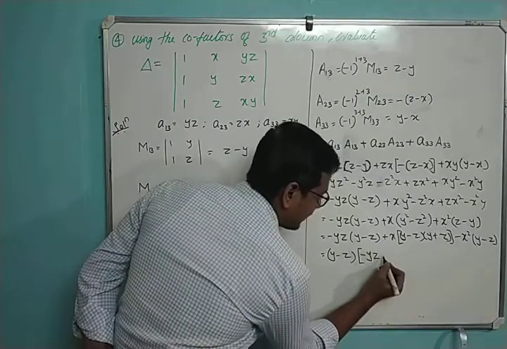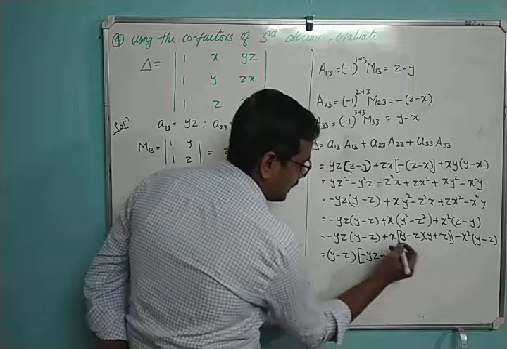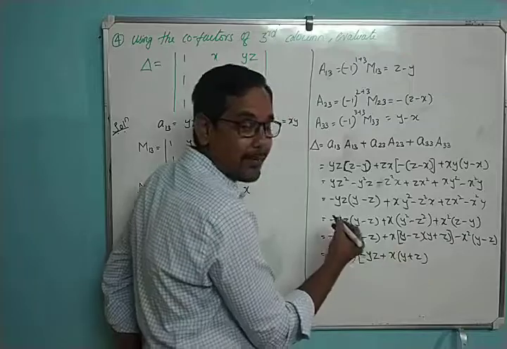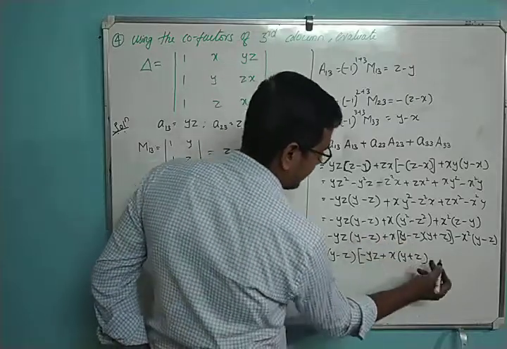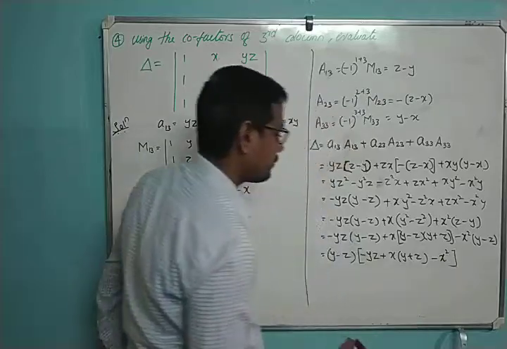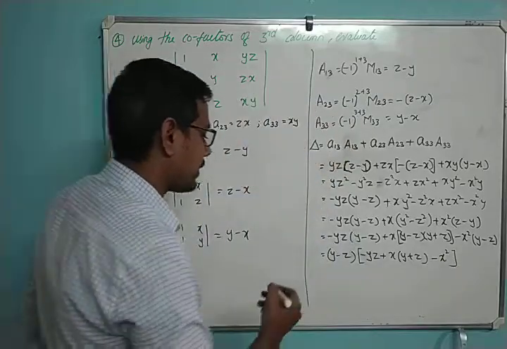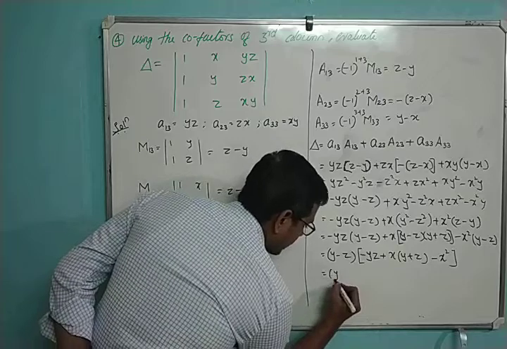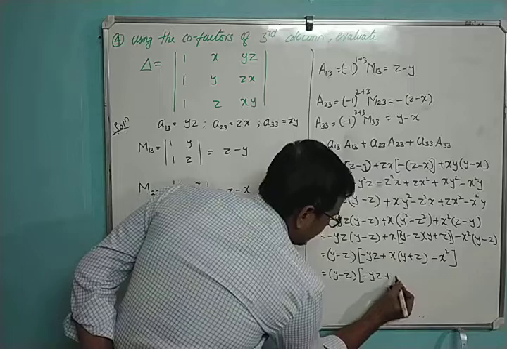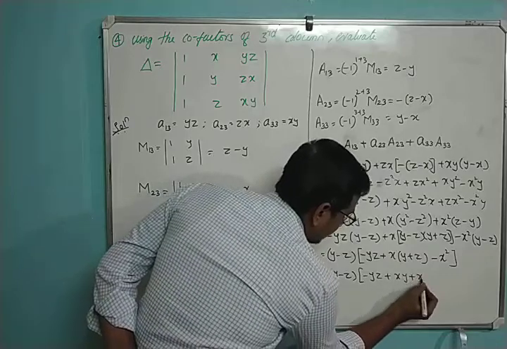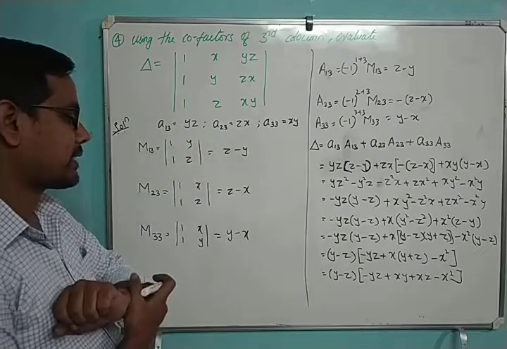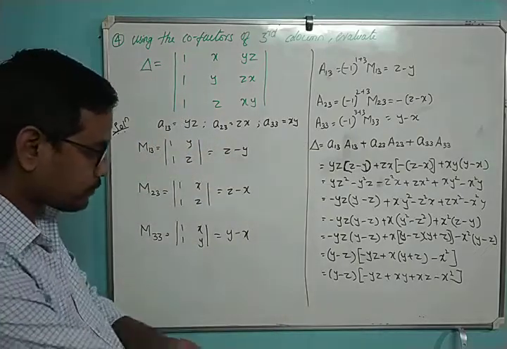Minus YZ plus X into Y plus Z. Because this Y minus Z is coming out, so X into Y plus Z will remain minus X square. Right? So what happens here? Y minus Z into minus YZ plus XY plus XZ minus X square.